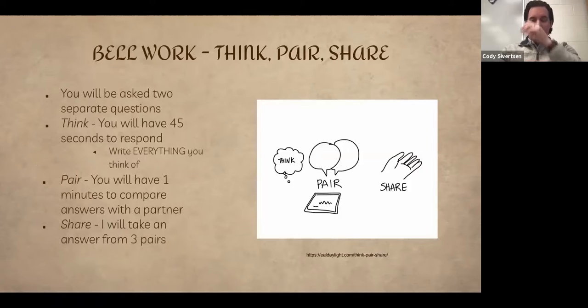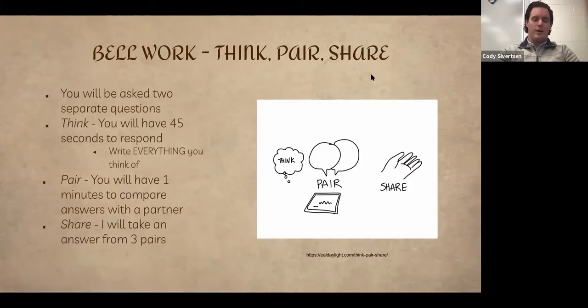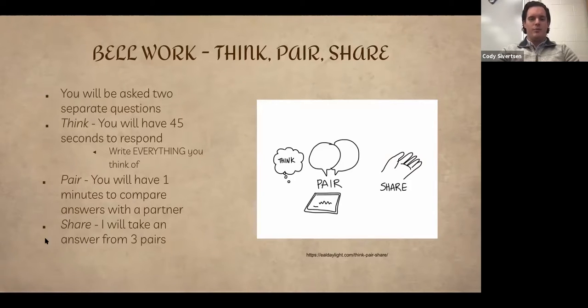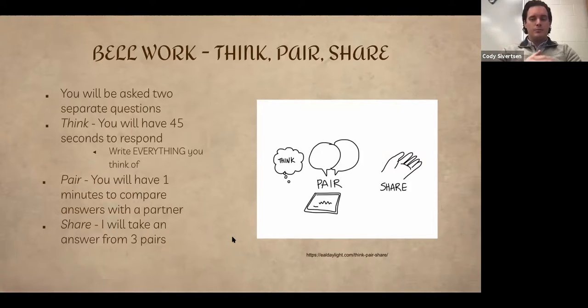So when I kick off this first lesson, I do it with the think, pair, share strategy. And I probably don't need to go through every single individual strategy I use, but I just want to establish with this strategy, what do they know about the two government systems?